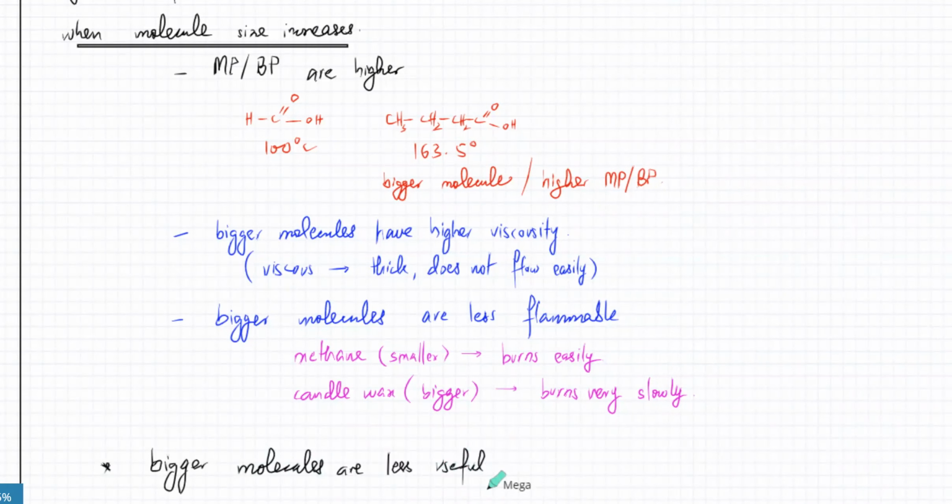So if you have candle wax, you don't really use it for heating purposes, because it burns very slowly. So they're less useful, mainly because they're not a good source of energy.